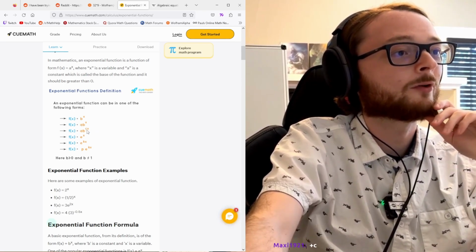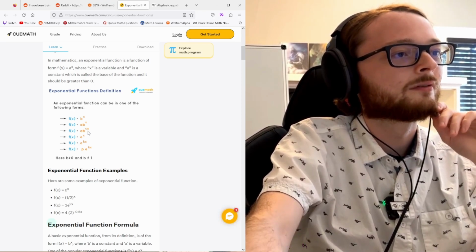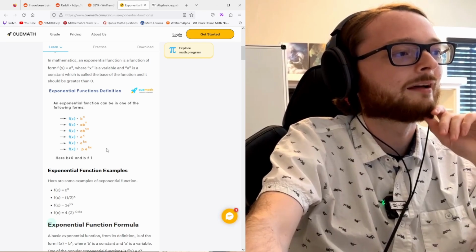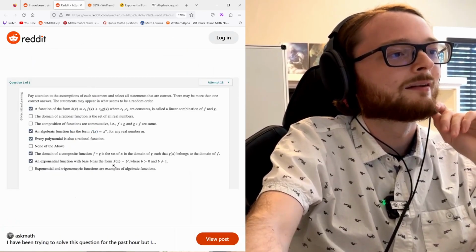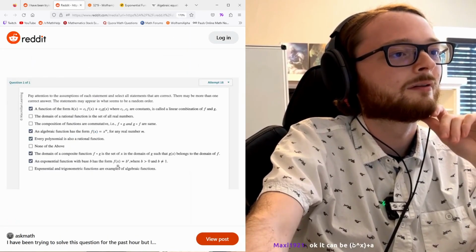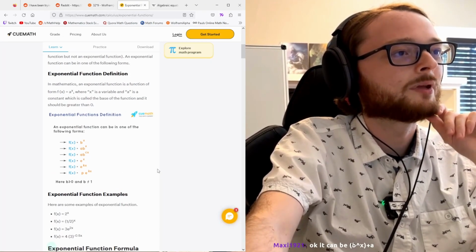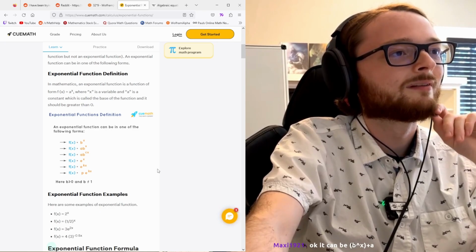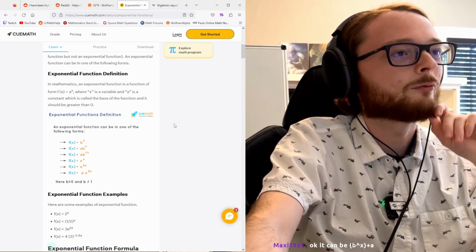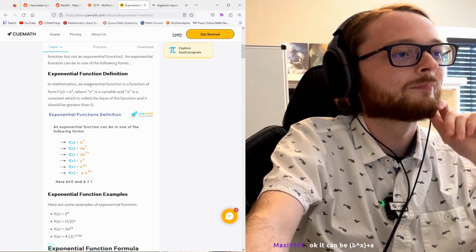I guess it can be a constant part of the x though. Yeah, and also that. Okay, so that's something we can also add in. I was looking at it because I want to see if they exclude b equals 1. Yeah, they do use b here. They do exclude b equals 1.